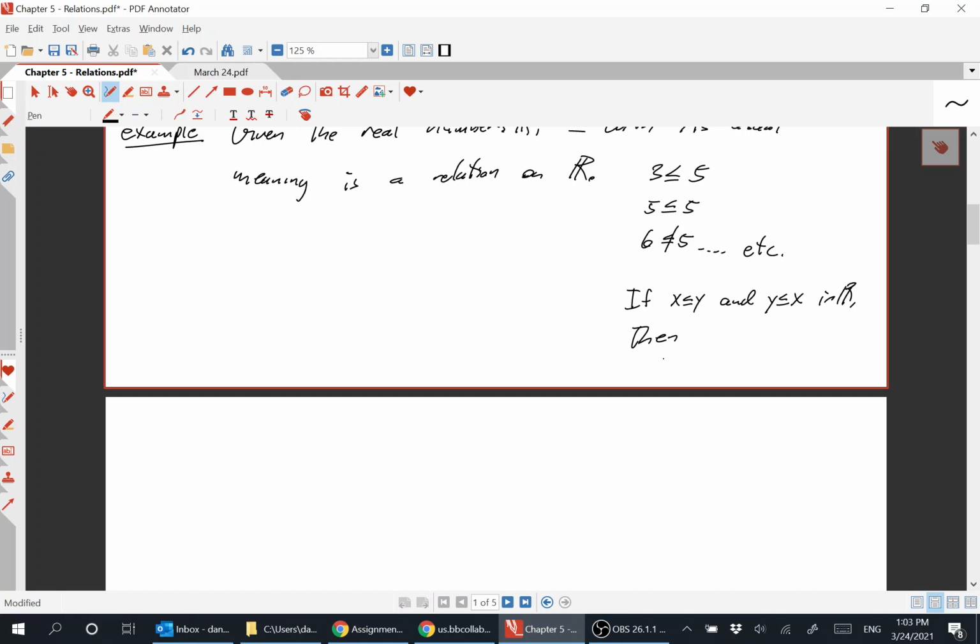X equals y. In other words, this less than or equal to relation is not symmetric. The only time x is less than or equal to y and y is less than or equal to x is when they're actually the same thing. Or if you use strict inequality, if x is less than y and y is less than x, well, that's impossible. So you never have 3 is less than 5 and 5 is less than 3. Other relations are symmetric.